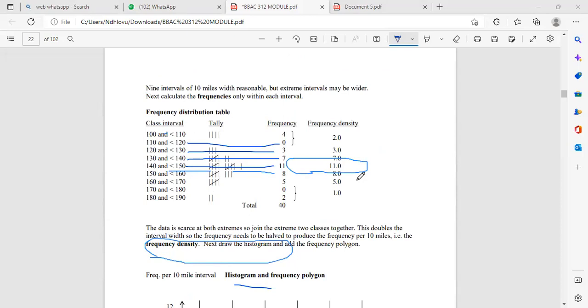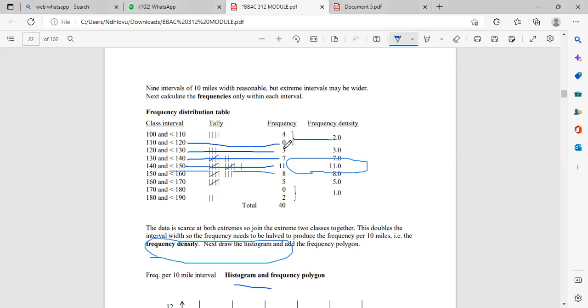So for the frequency density, we can add these two and divide by 2, and we get that amount. So here, these two divided by 2 gives you a 2, which is the midpoint frequency density. The other one, 4 and 0, the average of these two is a 2. So that is coming as a midpoint.